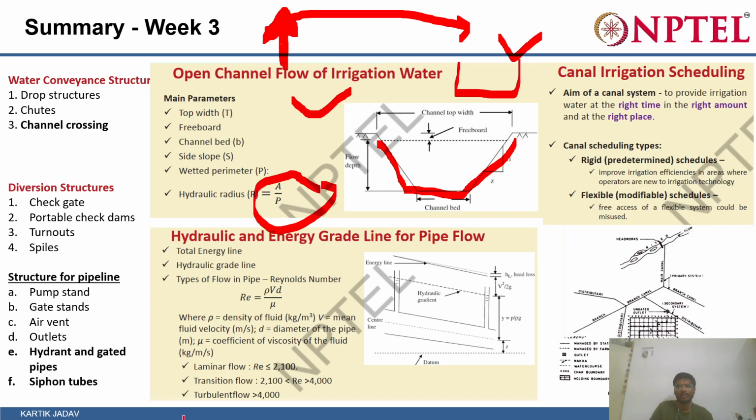And then we talked about the hydraulic and energy grade line for pipe. This is also famous. For open channel flow, the energy line and hydraulic gradient line are at an equal position, while in pipe flow the energy line is located above the hydraulic gradient line. And the type of flow in a pipe is defined by the Reynolds number, Re, which is rho V D by mu.